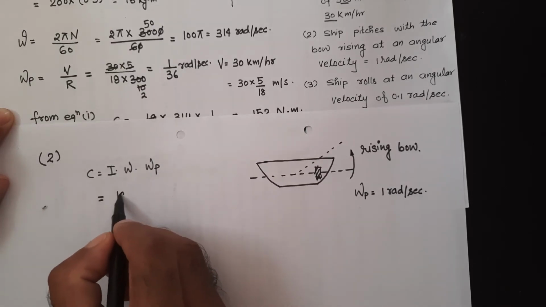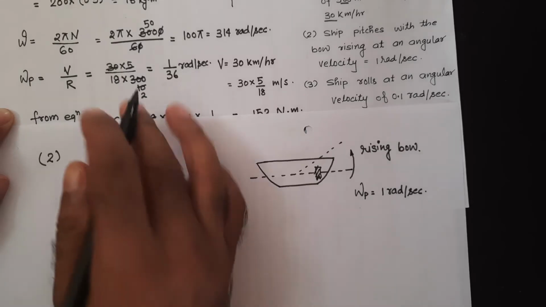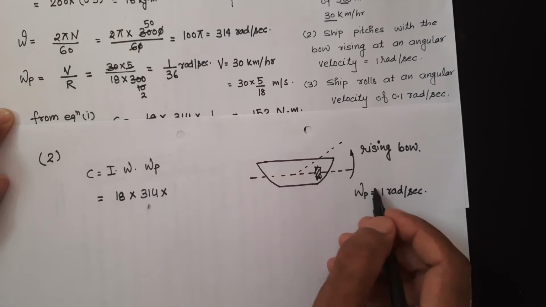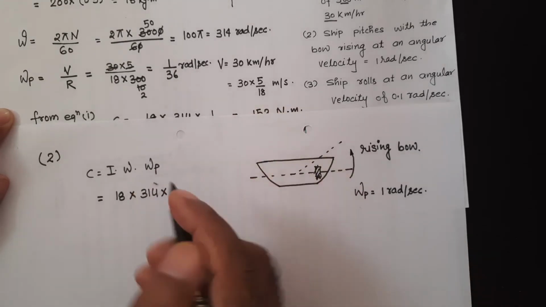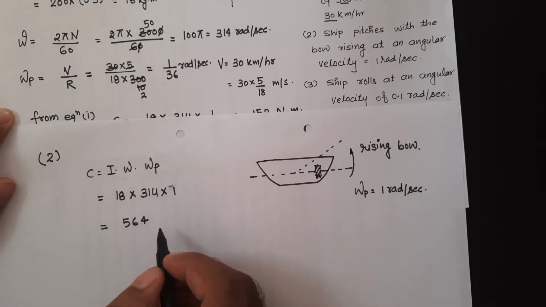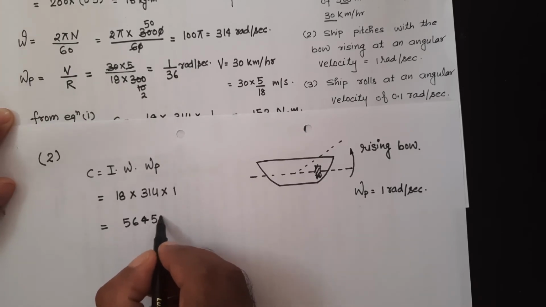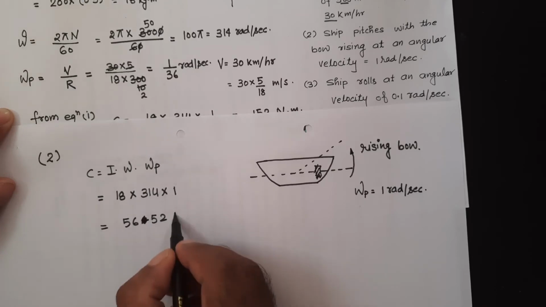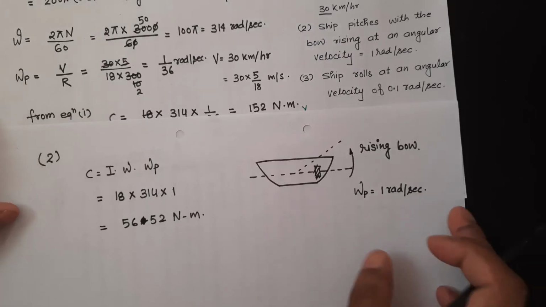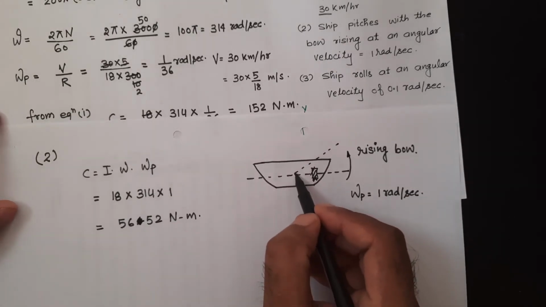Substitute I is 18, omega is 314, and omega p is 1 radian per second. So it will come to 5652 Newton meter. Let us look at its effect.